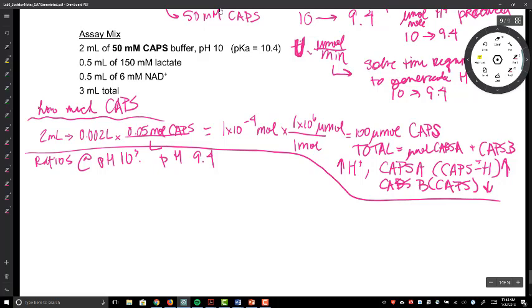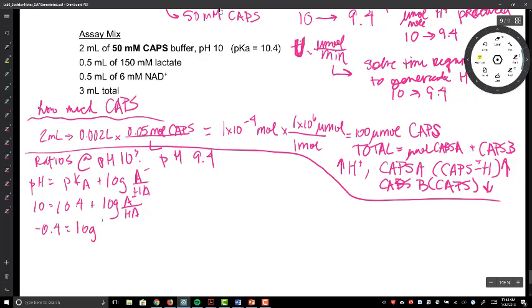So let's start with 10. This is where you yank out the Henderson-Hasselbalch. So pH equals pKa plus the log of the base form to the acid form. So pH 10 is equal to 10.4 plus the log of the base form over the acid form. So we rearrange this to get negative 0.4 is equal to log of base over acid.